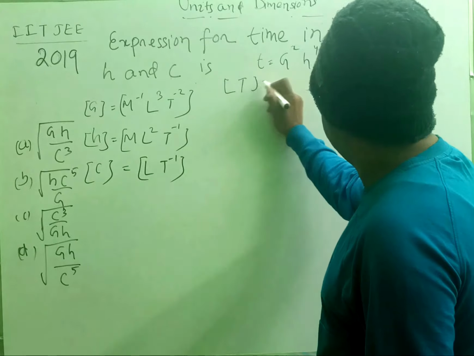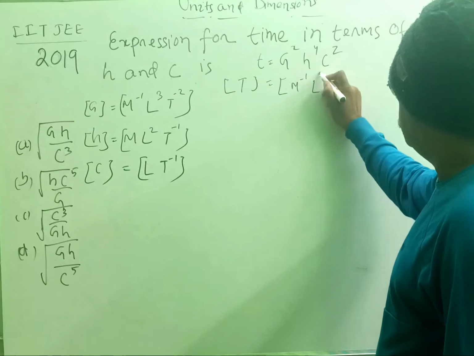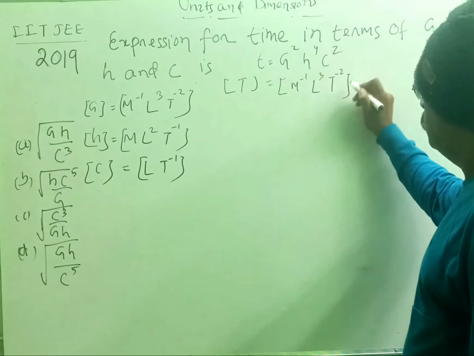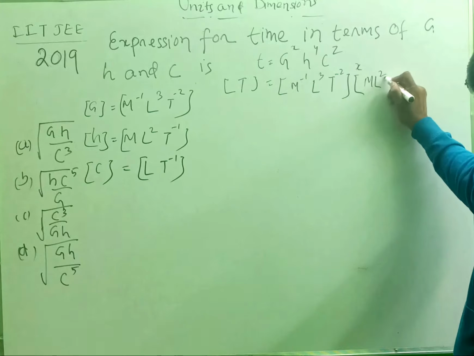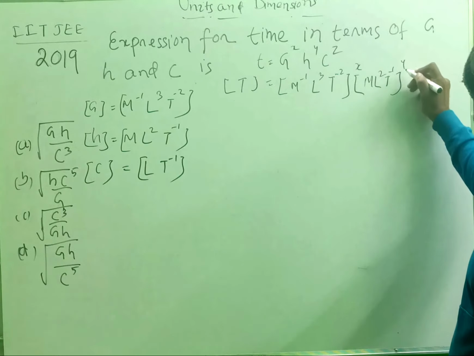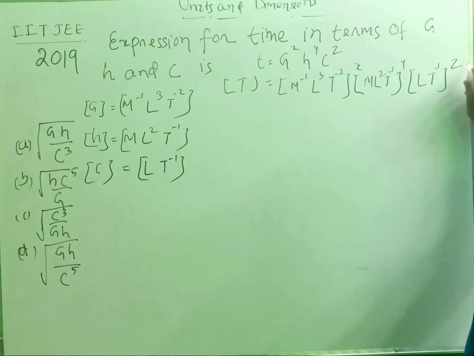That is capital T in square bracket, and that of G is M to the power minus 1, L cube, T to the power minus 2, whole to the power x, and M L square T minus 1 to the power y, and L T minus 1 to the power z. Okay, students, we just put the dimensional formulas for G, H and C.